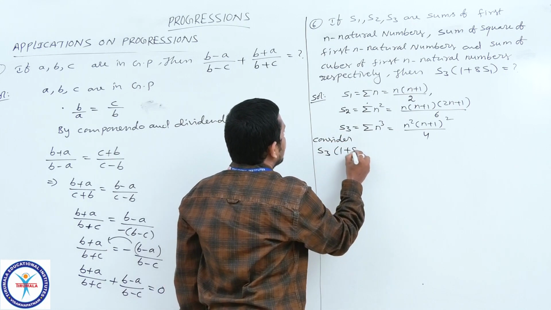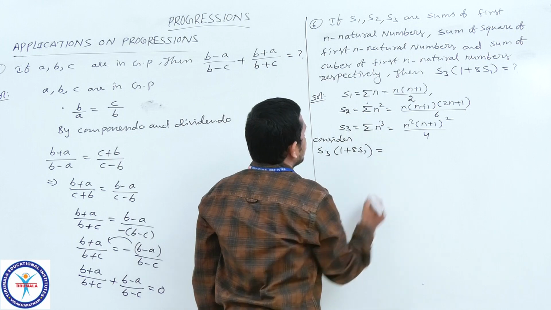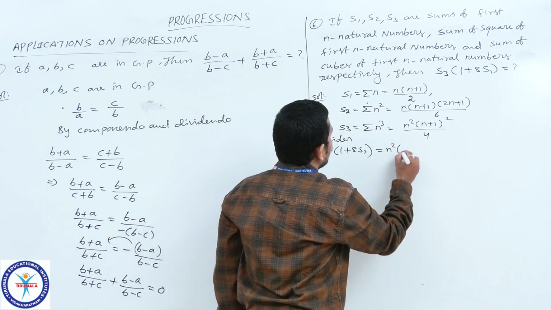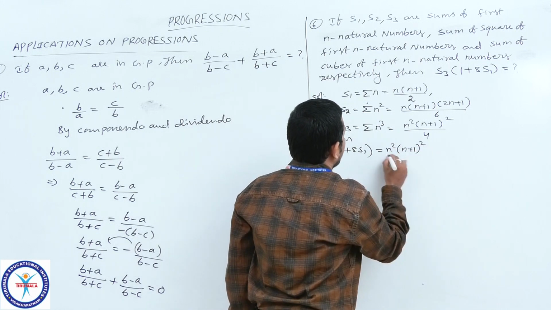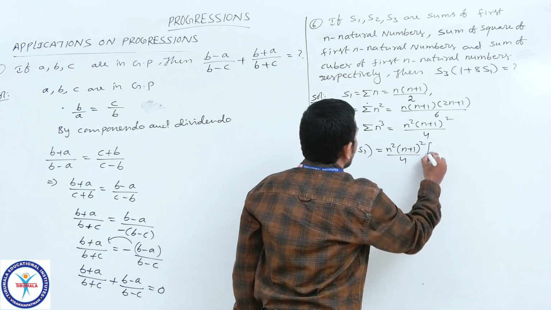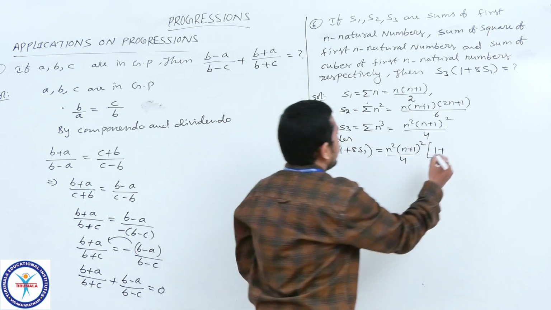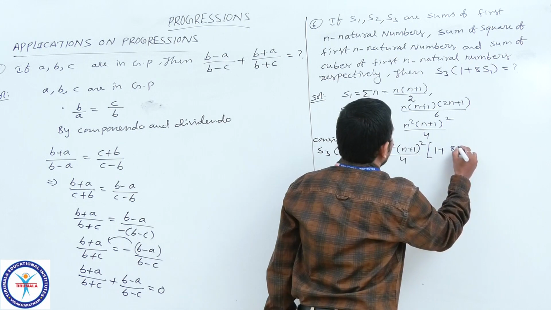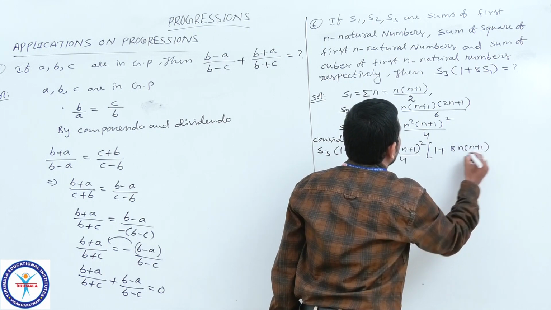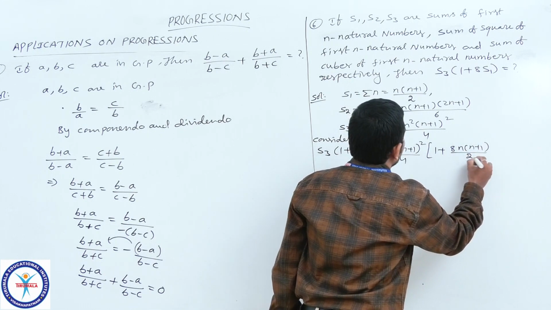Now here consider S3 into (1 plus 8 S1), which is equal to n square into (n plus 1) whole square by 4 into (1 plus 8 into S1, n into (n plus 1) by 2).